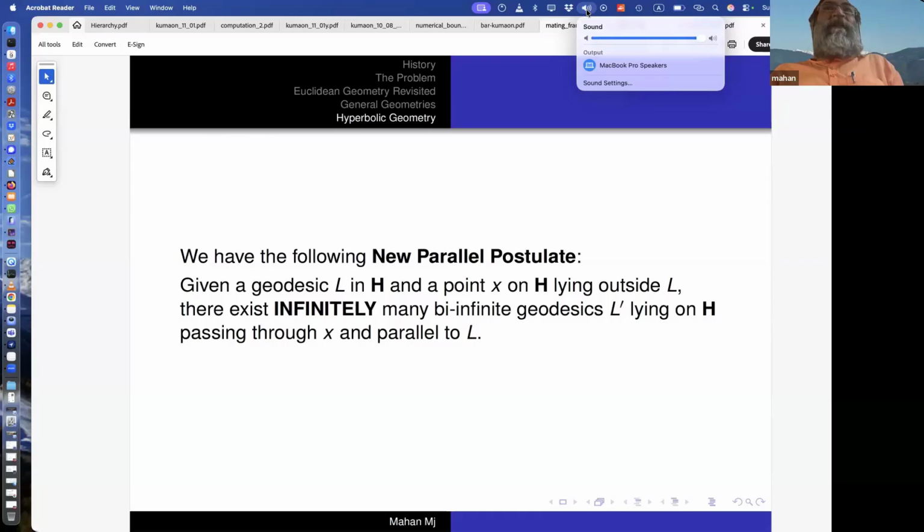There's a theorem called the Hopf-Rinow theorem, which basically says that you look at pairs of points and then minimize distances over all possible paths, and what you get is a metric in the usual notion of a metric space. That metric that you get is complete if and only if the axiom of extendability of straight line segments to bi-infinite straight lines is there.